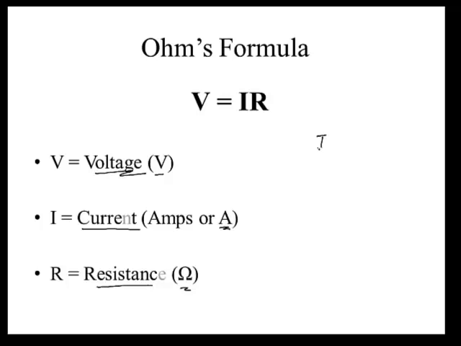You could represent the current as voltage divided by resistance, or you could represent resistance as voltage divided by current. But I guess my point is, why worry about all the different versions of this equation? As long as you remember V equals IR, all the math works itself out.